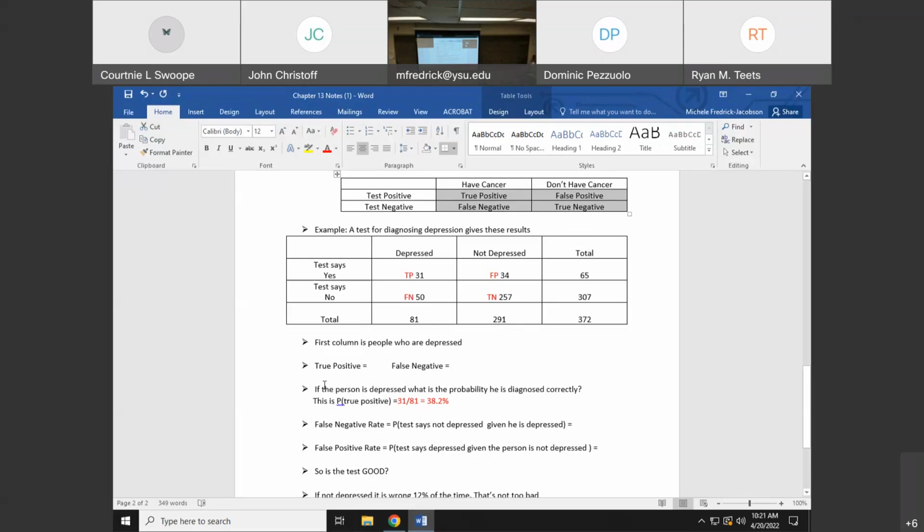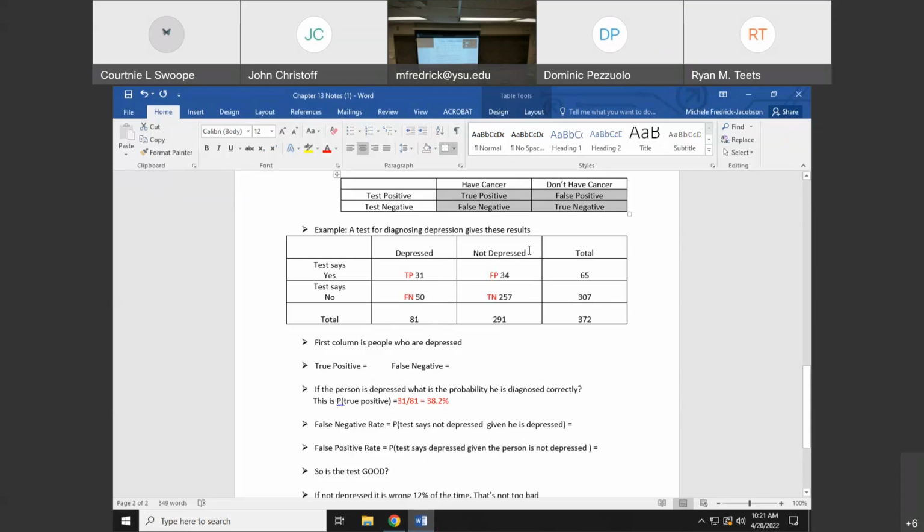So true positive is, if the person is depressed, what's the probability they're diagnosed correctly? A false negative is right here. So the person is depressed. We want the probability it says they're not depressed given they are depressed, which means false negative.